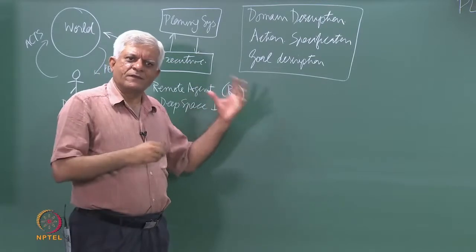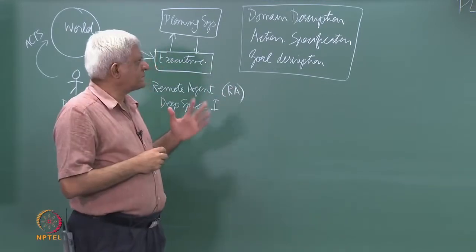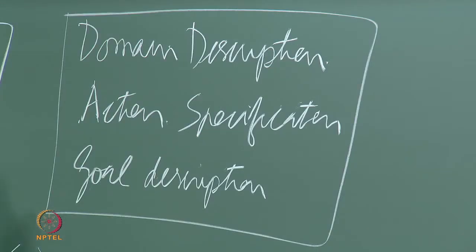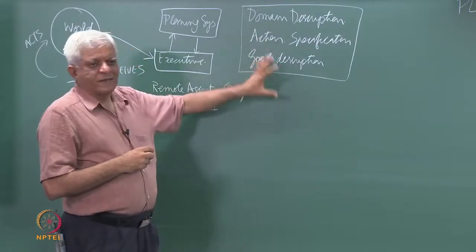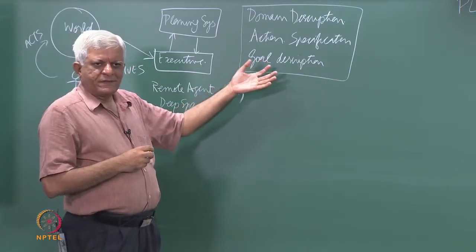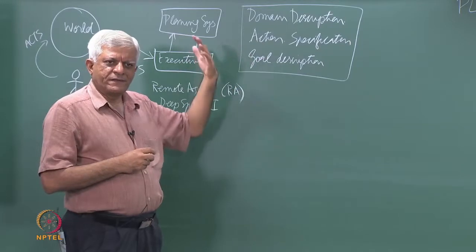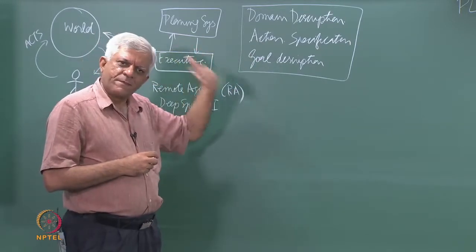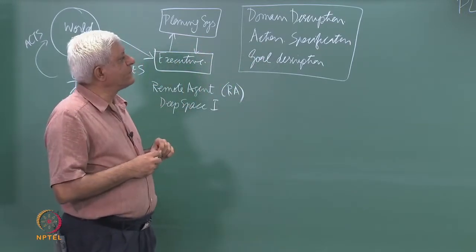So, this is like the domain functions that we talked about in search. The planner would be independent of this. You would write the planner assuming that you would read a domain description and a problem description or goal description, and the planner would automatically compile and run essentially.